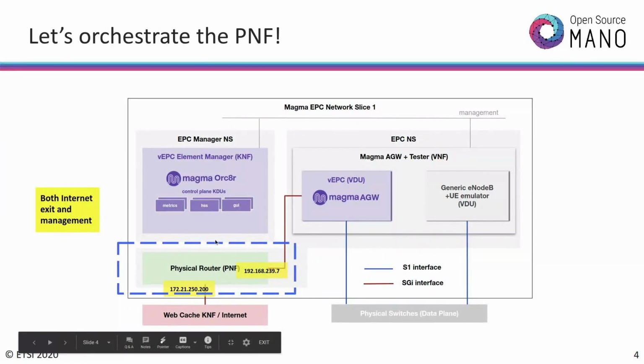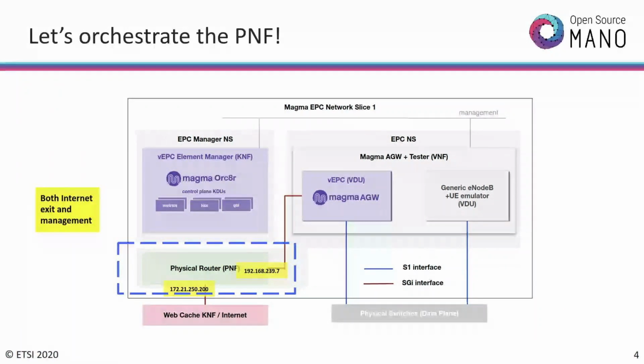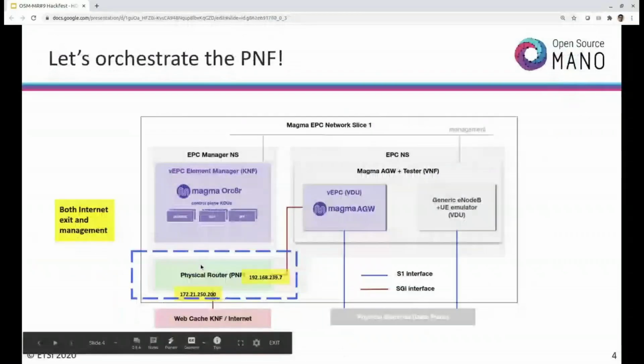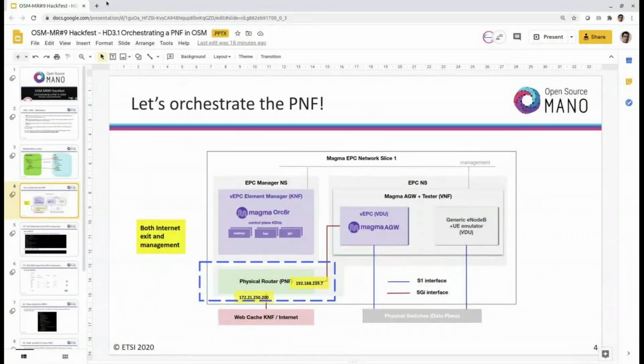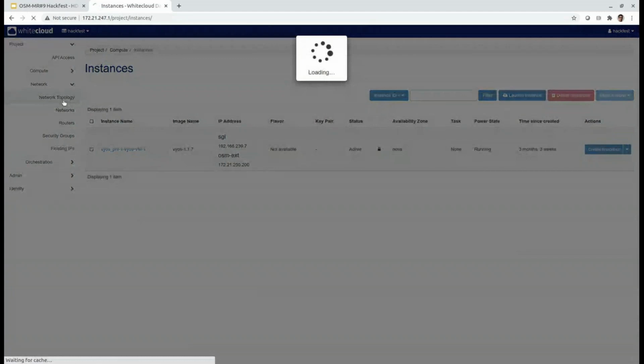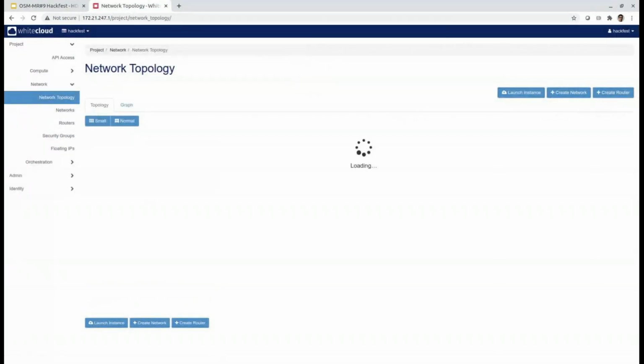So this is a router that is in the middle right now, and we want to be able to control it. Okay, so this physical router here, you see, in this tenant here, we have this router. It's a BIOS PNF. The first day I accessed the console, it's just a small router, just standing there.